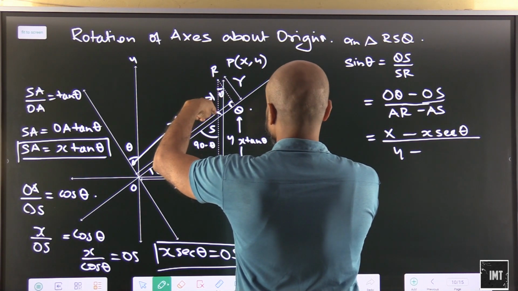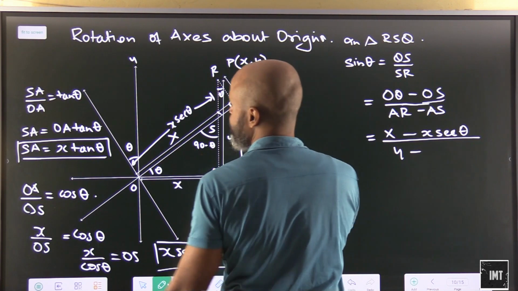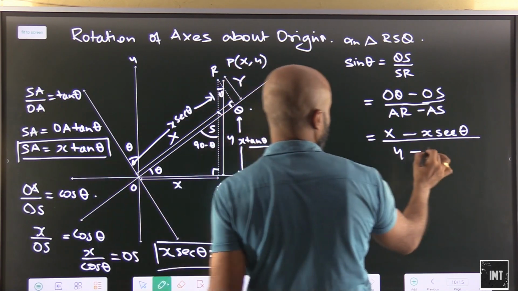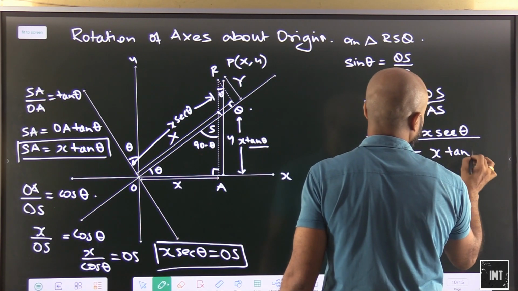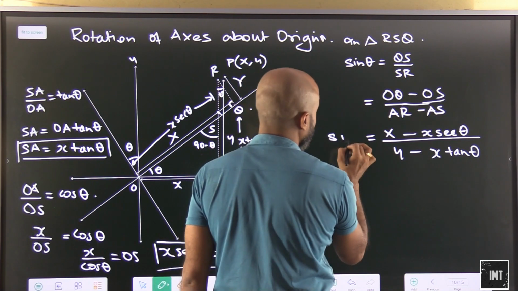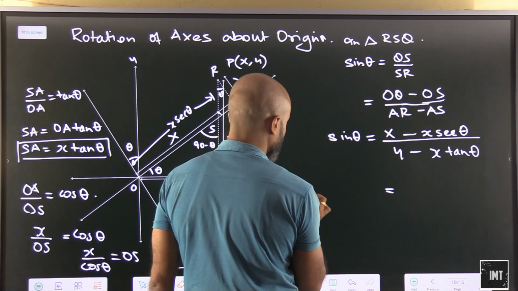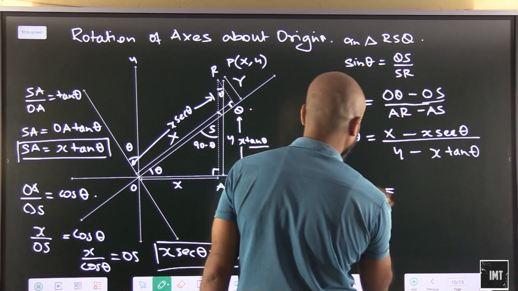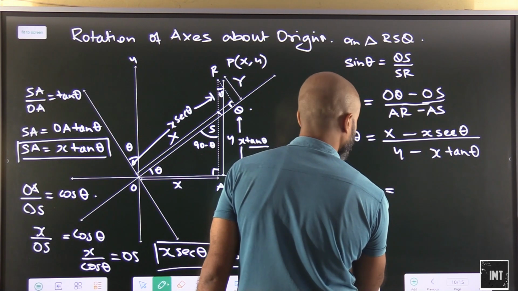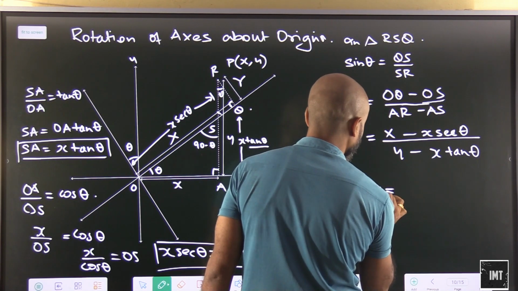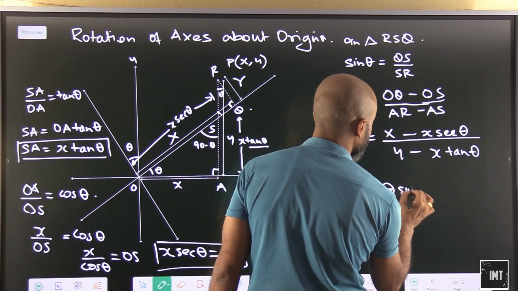AS, as we have calculated, is x tan theta. Okay, this is sine theta, so this will be small y sine theta minus x tan theta into sine theta.